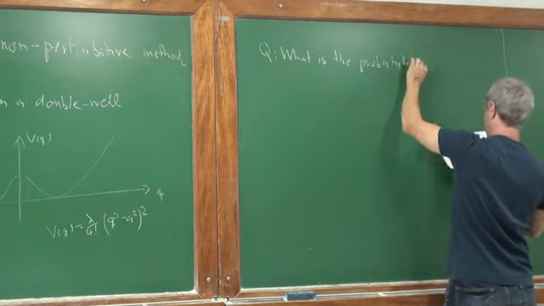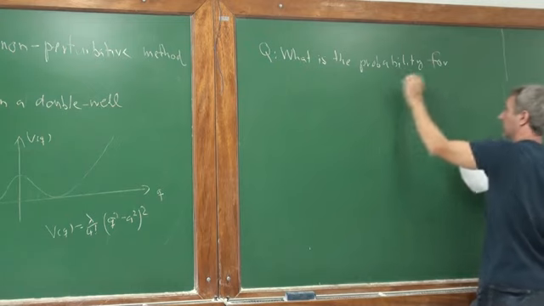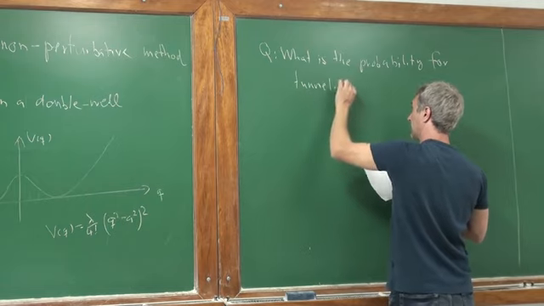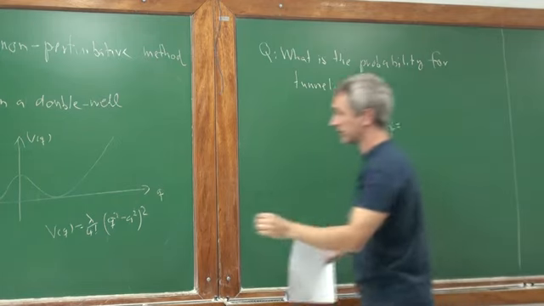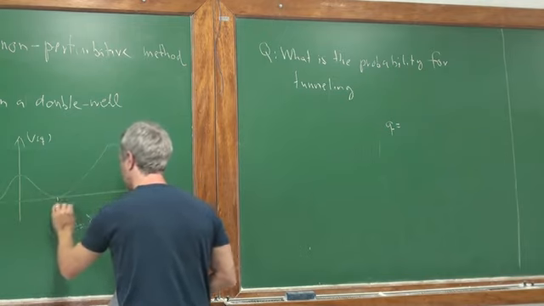Probability for tunneling. So what we want to calculate is, let's give this some coordinate. This is, let's say, centered at minus a, and this is at a.